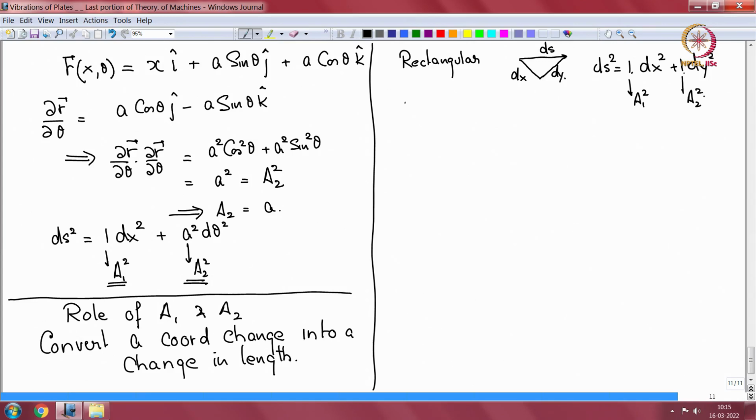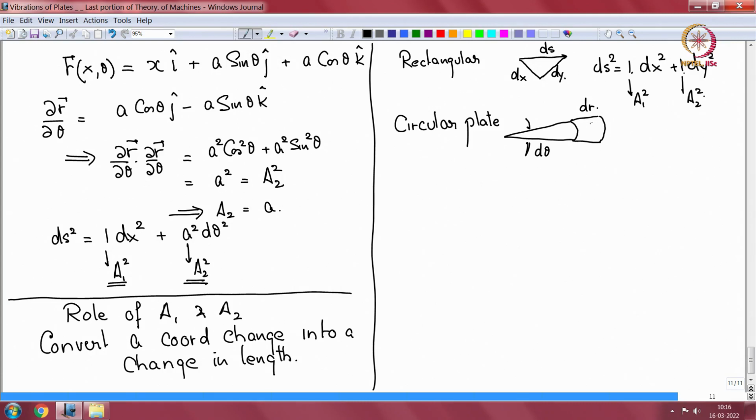So dx and dy are already in length form, and therefore A1, A2 are 1 each, whereas in the circular plate, we have an r, let's say, then we have dr. So this is d theta and this is dr, that's radial length.